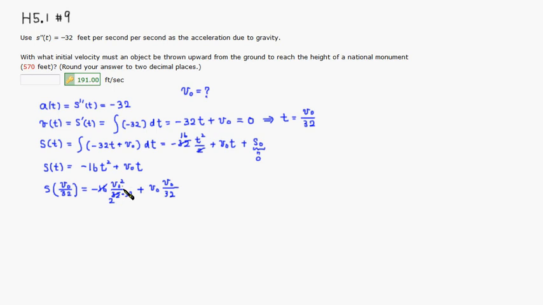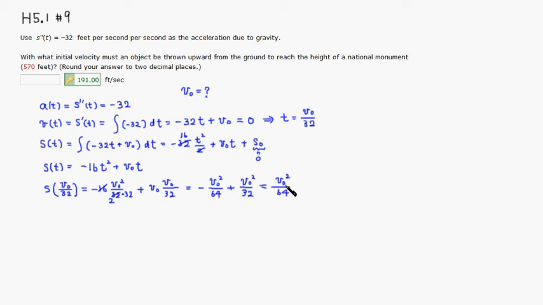If you clean it up, it's negative v0 squared over 2 times 32, which is 64, plus v0 squared over 32. This is half of v0 squared over 32, so if you subtract that, you get the half left. It's going to be v0 squared over 64.